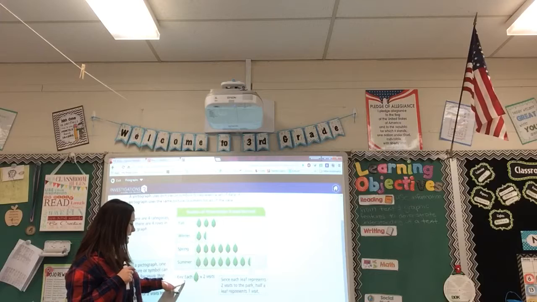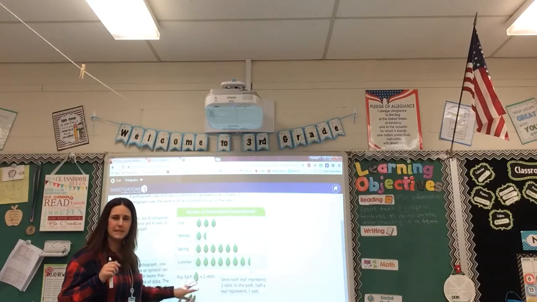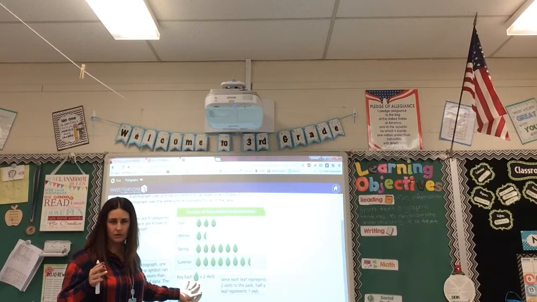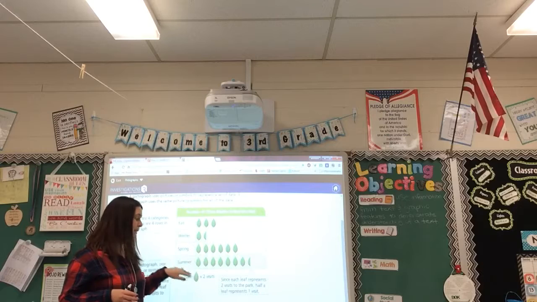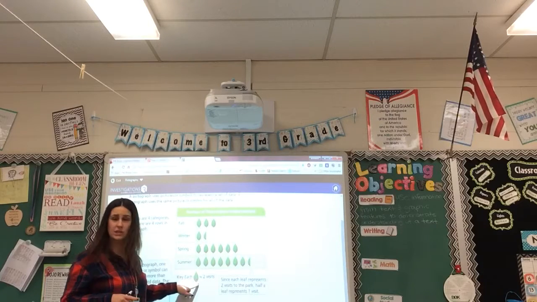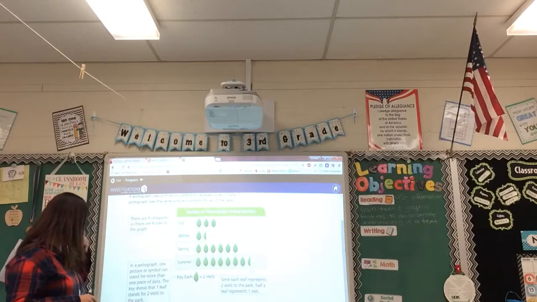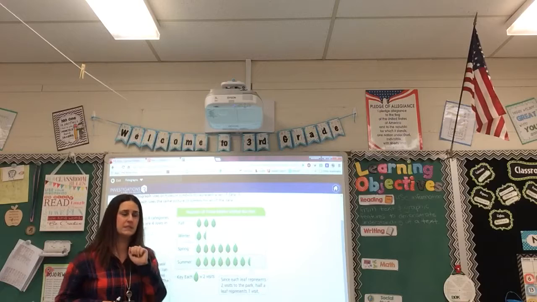Down here, our key means one leaf actually equals 2 visits. That is the biggest part of the key when you're reading the pictograph. You might be thinking you're answering the questions properly, but maybe your key is off. Maybe you only counted this as 1, even though each leaf actually equals 2. So the key shows that 1 leaf stands for 2 visits to the park.